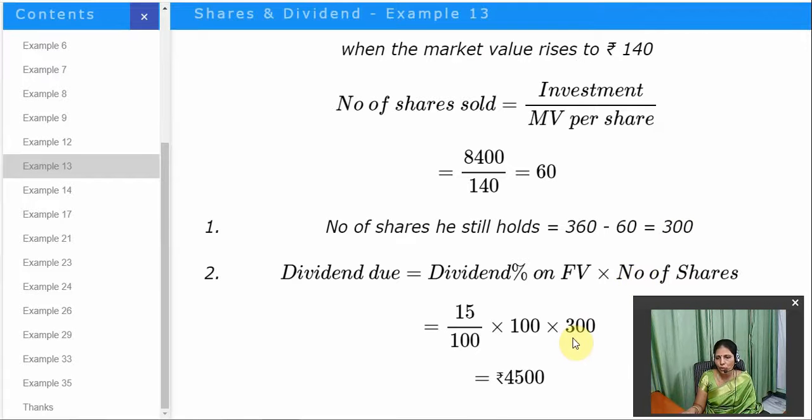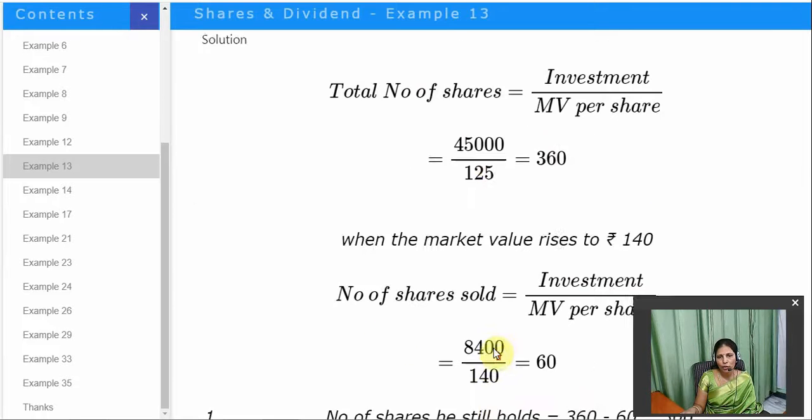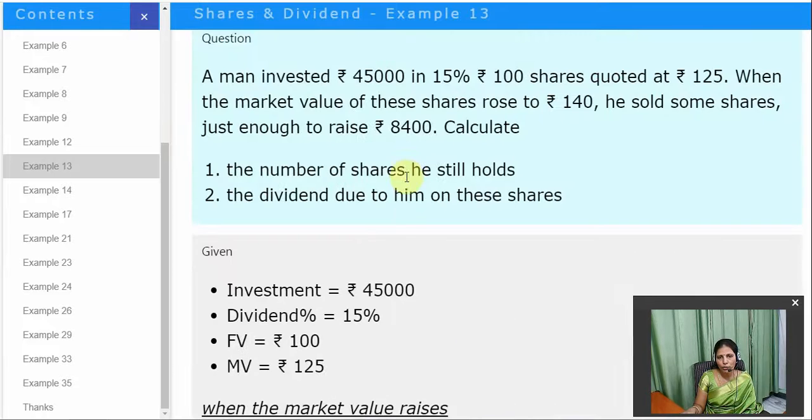So substitute and calculate, and you get 4,500. So this 4,500 is his dividend due. That is the income he received for 300 shares. Clear? So now we found the solution for both subdivisions. I hope you understood the sum. Now we will go to the next sum.